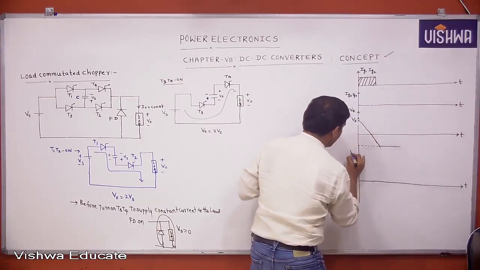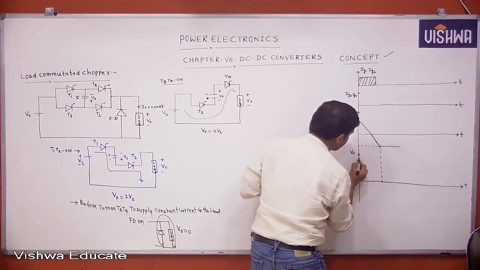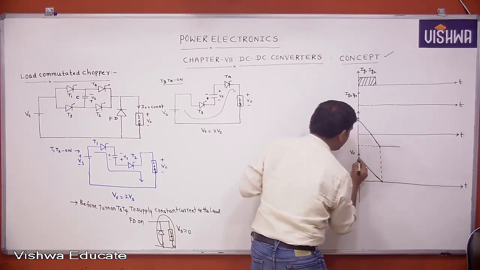This is the V0 waveform I am drawing. Once it reaches minus Vs, T1, T2 will be turned off. This is 2 Vs.